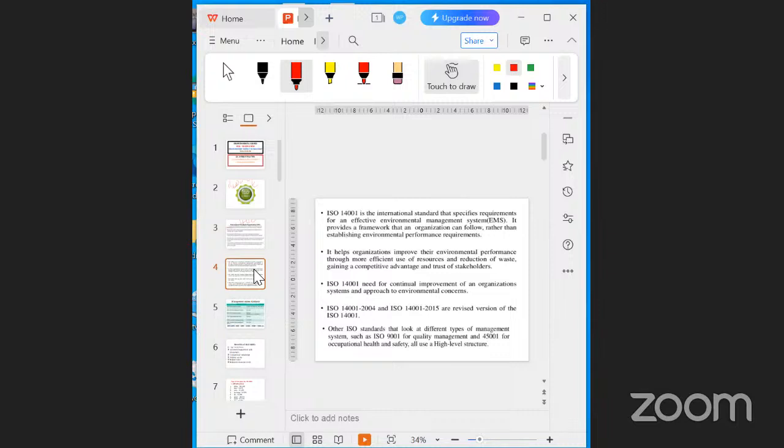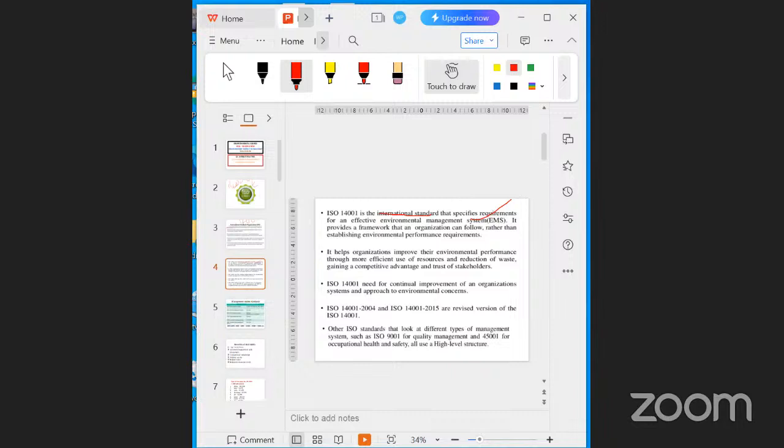ISO 14001 is an internationally agreed standard that sets out the requirements for an environmental management system.